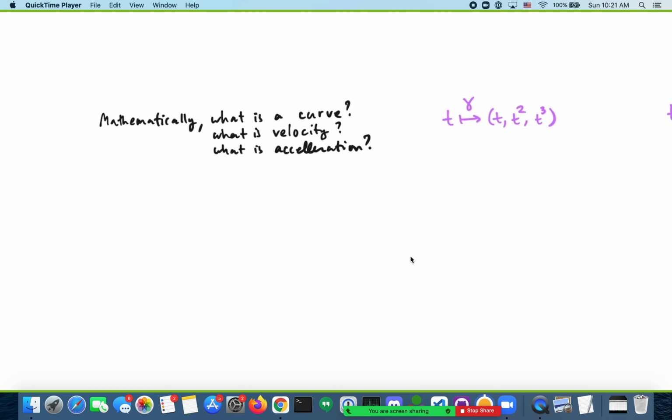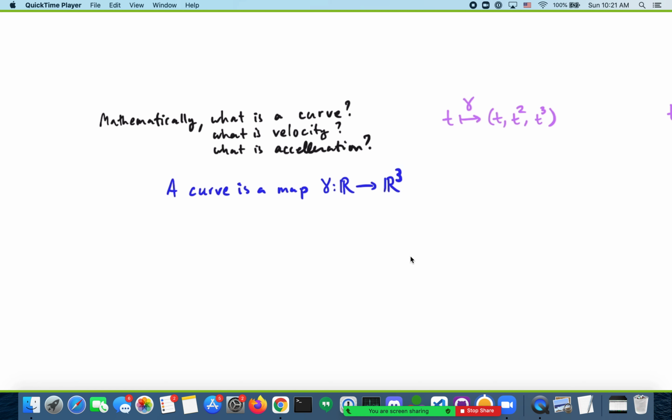Mathematically, what is a curve? What is velocity? What is acceleration? Mathematically, how do we encode this information? So, a curve is a map. It's a function. Remember, map and function are the same word. Often it's called gamma.